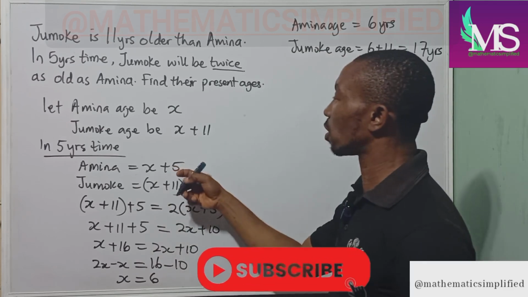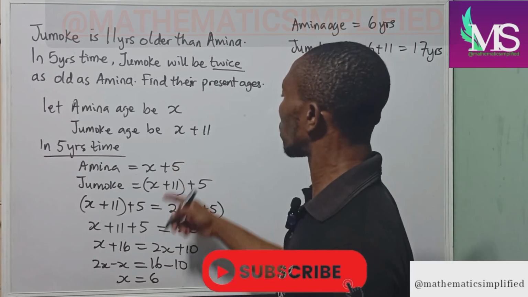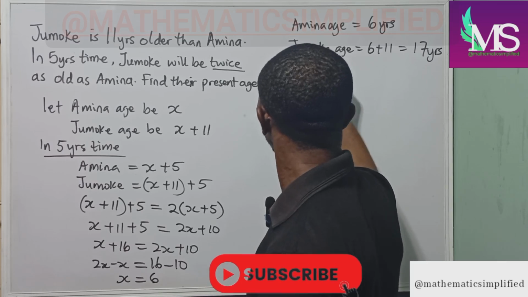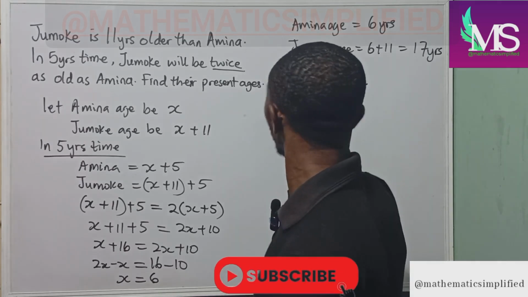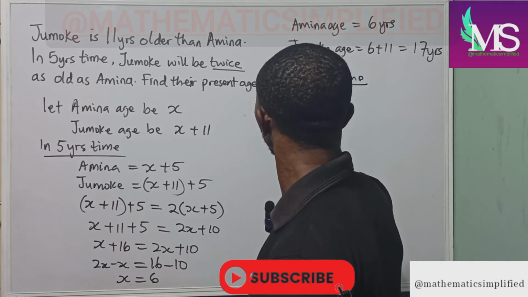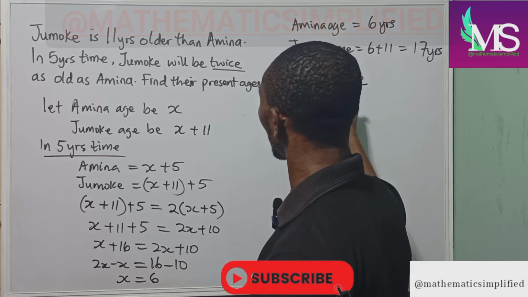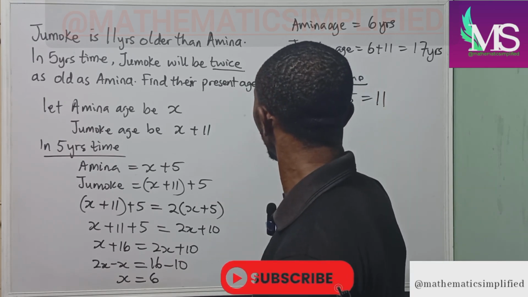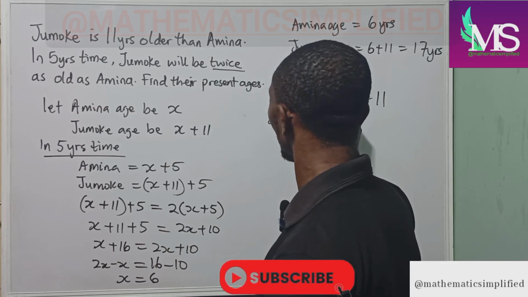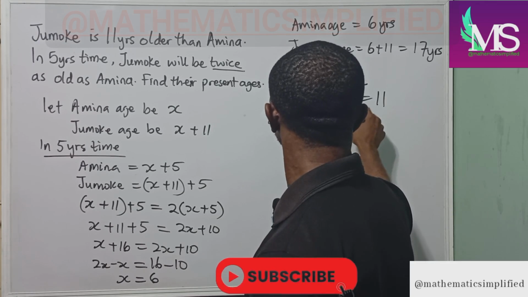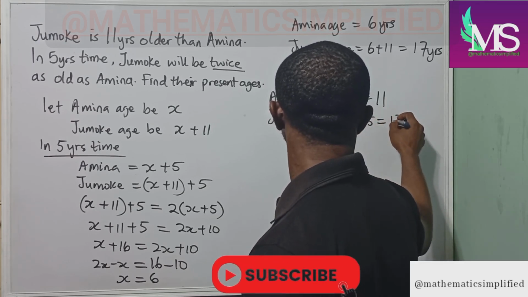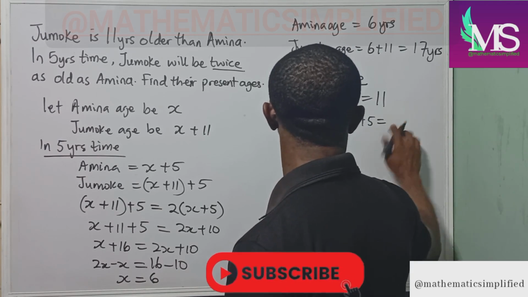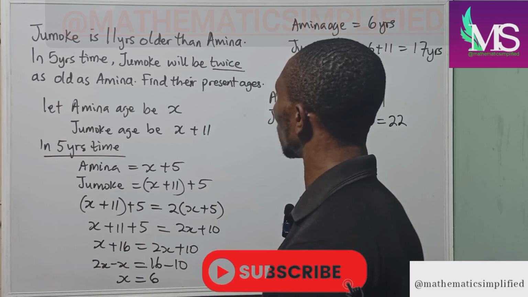Now let's check if this statement is correct. It's saying in 5 years' time, Amina is x plus 5, which is 6 plus 5, which gives us 11, and Jumoke would be 6 plus 11 plus 5, which gives us 22. 11 doubled is 22.